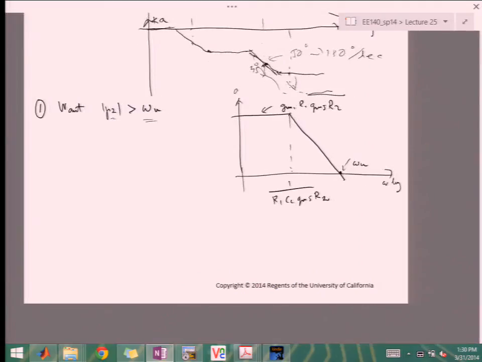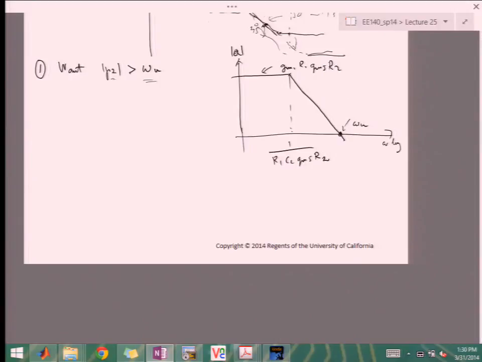So up until omega unity, we're still plotting the amplifier itself, right? But the closed loop system would look something like this, and then start rolling off after omega unity, if I'm tying in a unity gain feedback. So this would be the bandwidth of my amplifier, in an open loop.